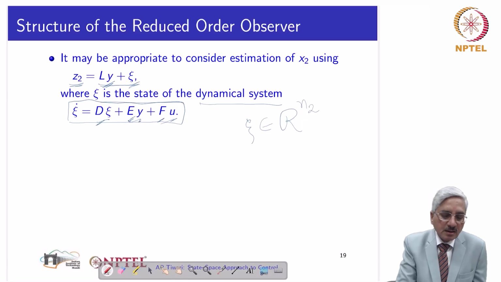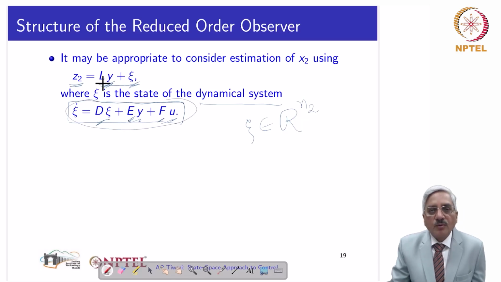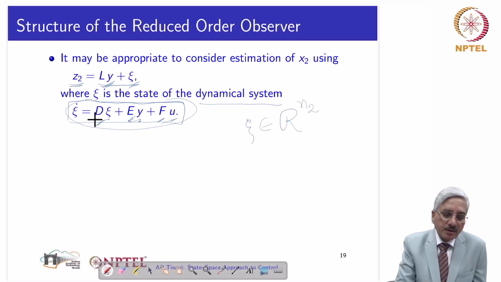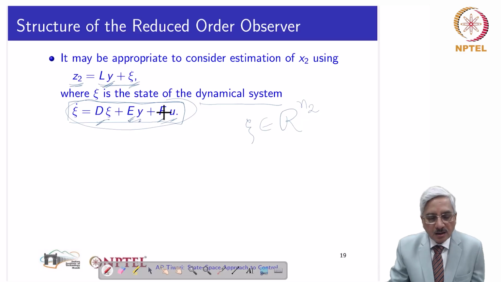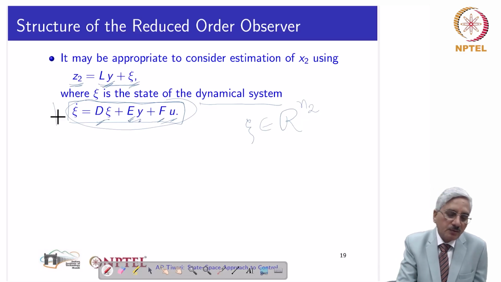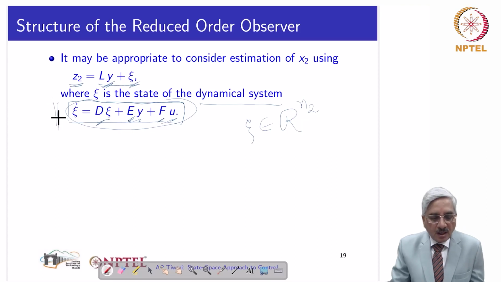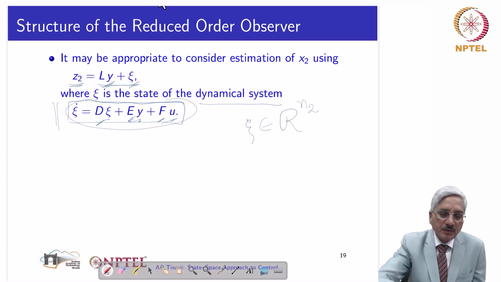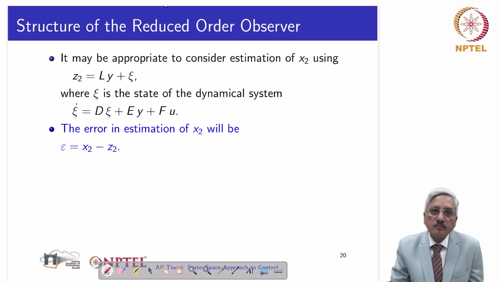Xi is the state of this dynamical system, and Ly is L times y, the output of the system. Of course, L, D, E, F all are unknown. However, we are assuming that the dynamics of the reduced order observer will take this form. And so subsequently, of course, we will know these matrices.